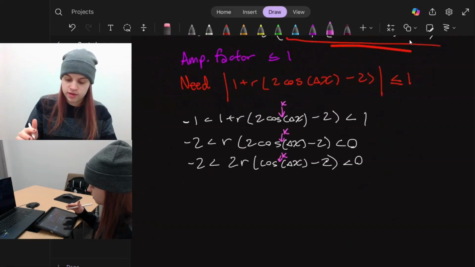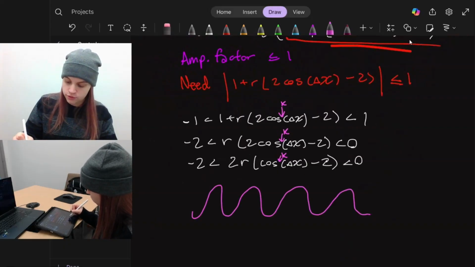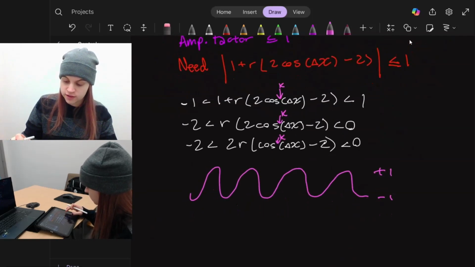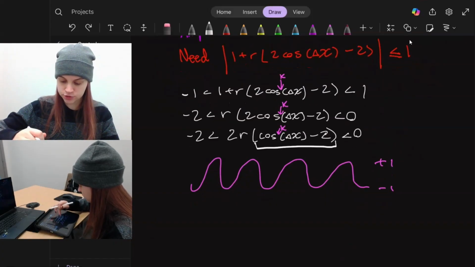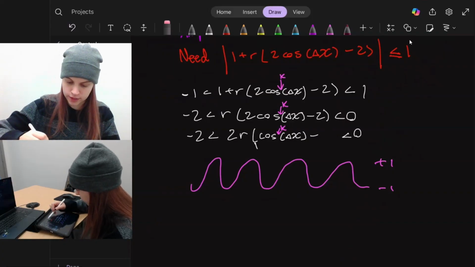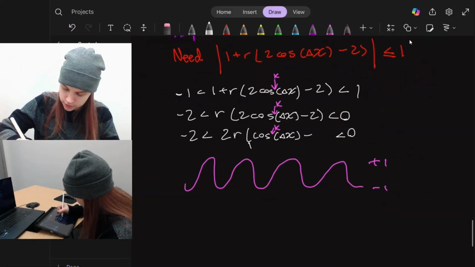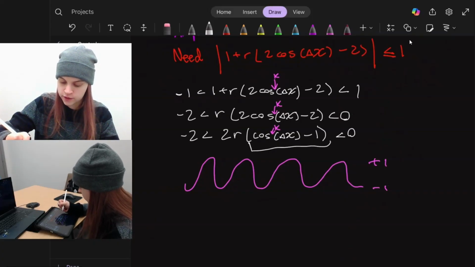Something we know is that cosine goes from a value of -1 to +1, and it never exceeds those. And since I pulled that 2 out, I meant to write a 1 here. I think I caught all of my mistakes, hopefully.